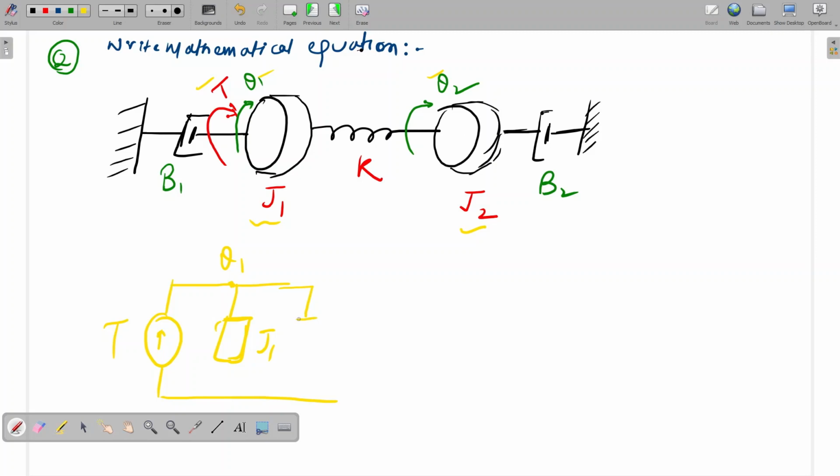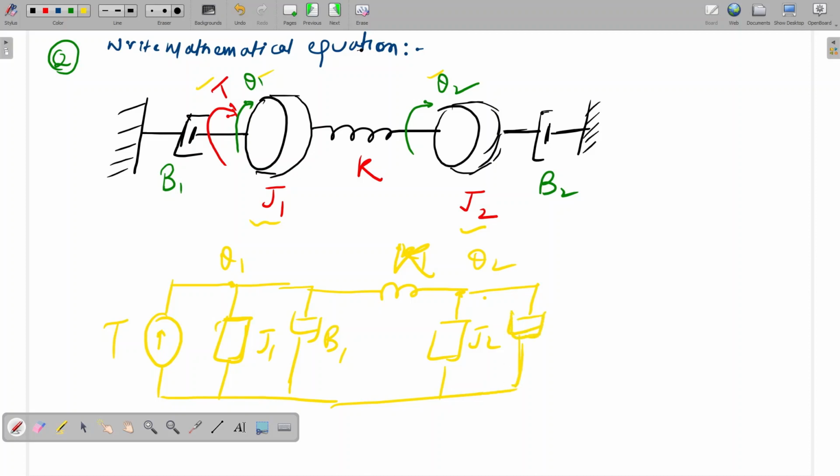So J1 and B1. Between theta 1 and theta 2, K is connected, so K will come here. Again, this is the theta 2 node. At theta 2, J2 is connected and B2 is connected.